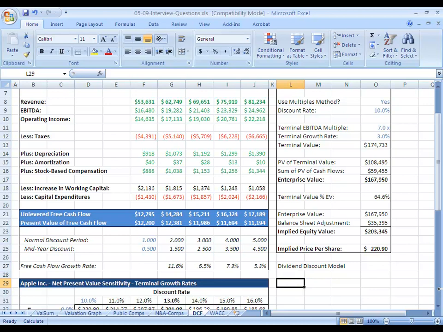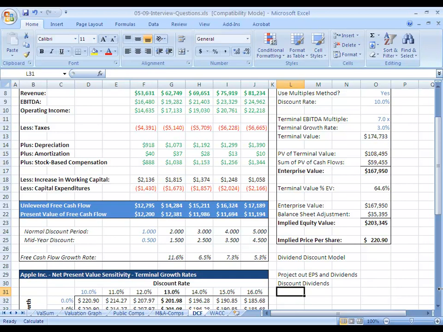The basic steps are that you project out EPS and dividends. What you do here is you essentially try to project a bank's earnings per share and then how much they pay out in dividends, the dividend payout ratio. And then you would discount the dividends instead, and then you would get to terminal value based on PE and EPS instead.